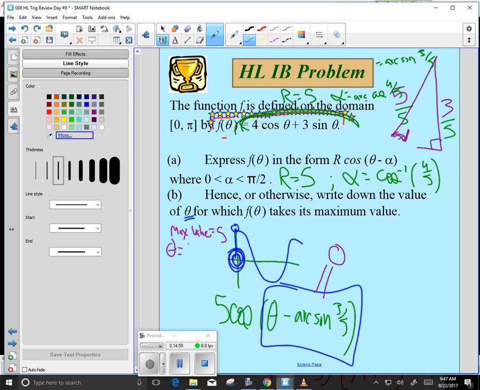Arc sine of 3/5, or you can say arc cosine of 4/5. To make this 0, theta has to equal arc sine of 3/5. And those are two sets of problems using inverse.